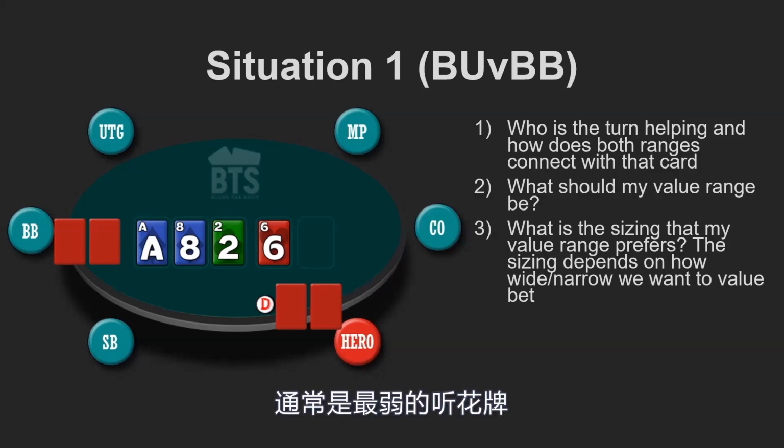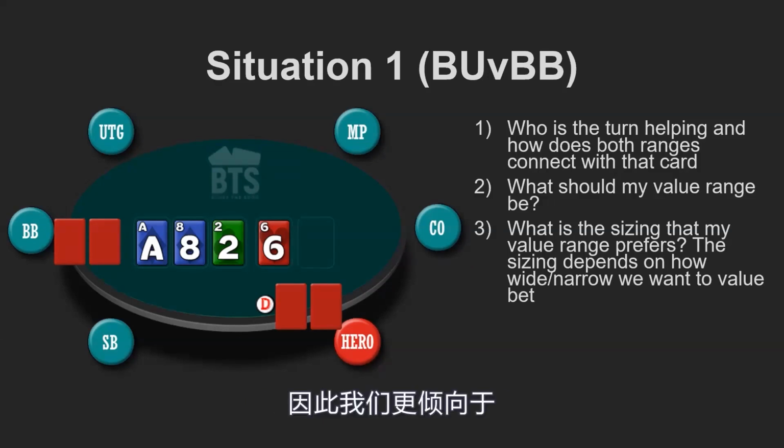And usually the really, really weak flush draws we can start checking, because those are pretty nice check backs, and then we can bluff rivers with them, and we can still have some flushes when the river completes the flush. Also, let's say we have 5-3 of diamonds and we overbet the turn, and the river is a flush, and all the money goes in on the river, we're pretty much always dead.